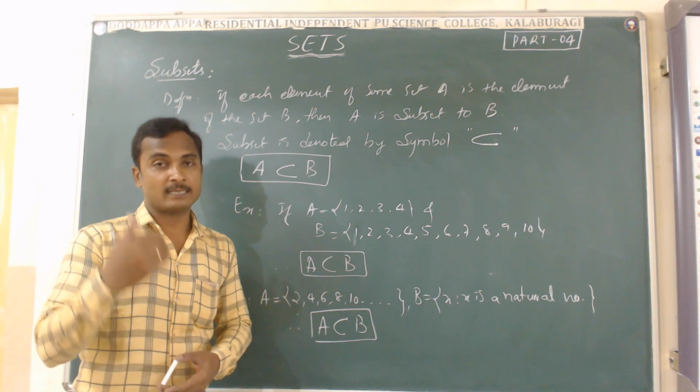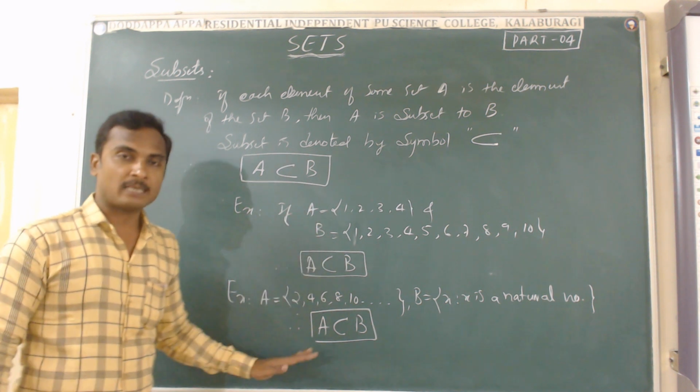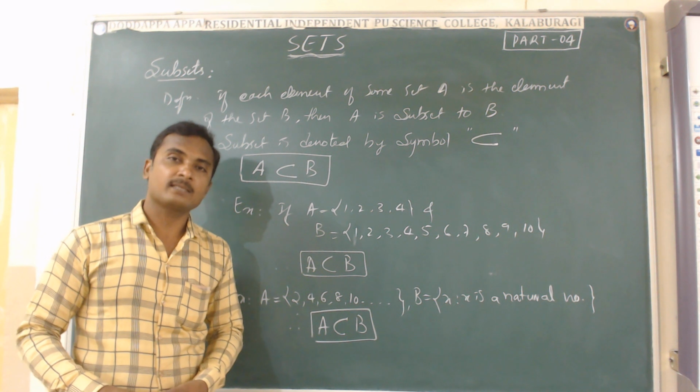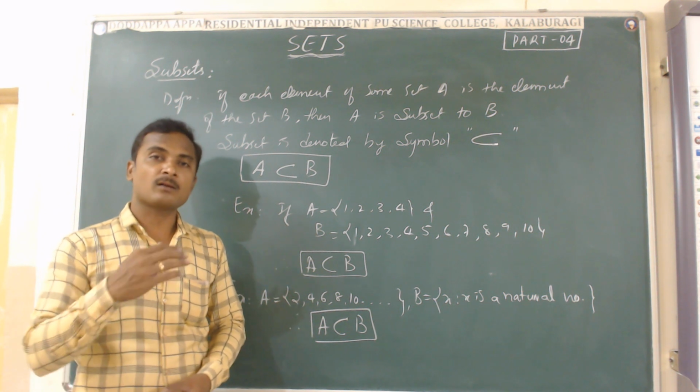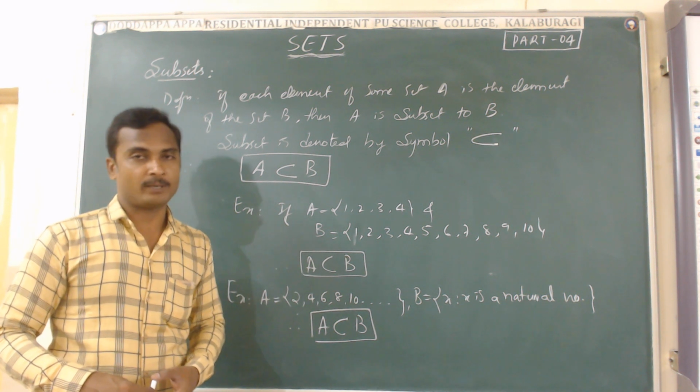It means clearly the set A is a subset of the set B. So these are the best examples of subsets. I recall again, if all elements of some set A are also present in some set B, then A is a subset of B. Note this.